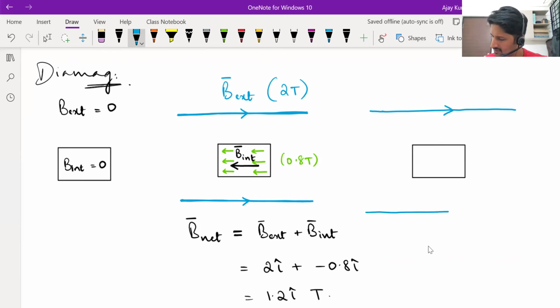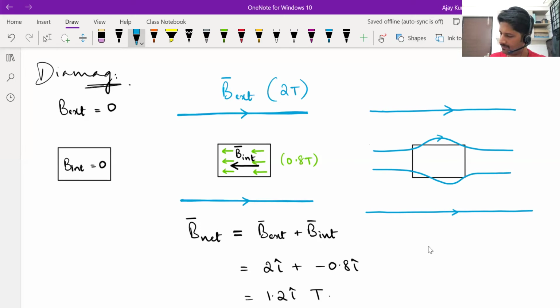Okay, so suppose this is the external field. Close to the material, or inside the material, the field lines should be far from each other. Basically, this is what happens. The material weakens the magnetic field. So near the material, the field lines will be far from each other. The field strength decreases.